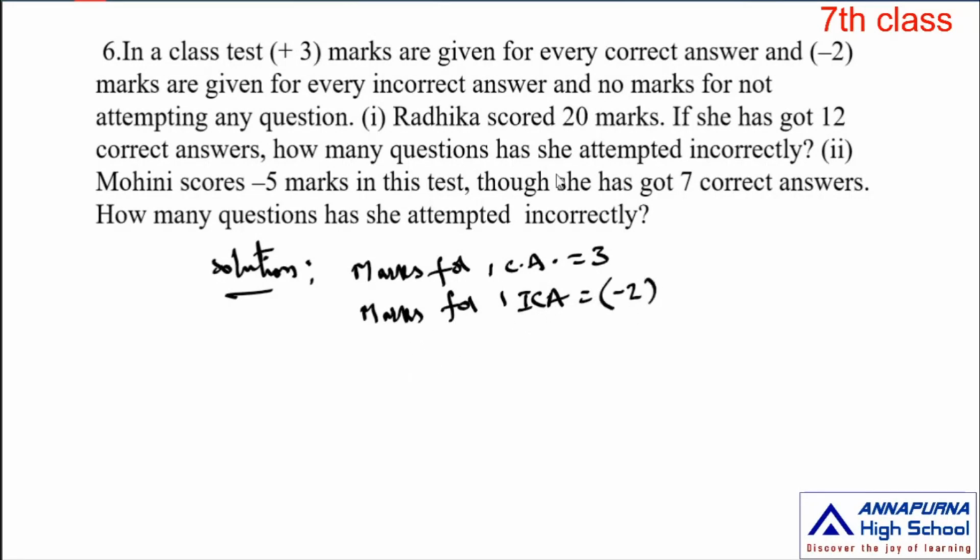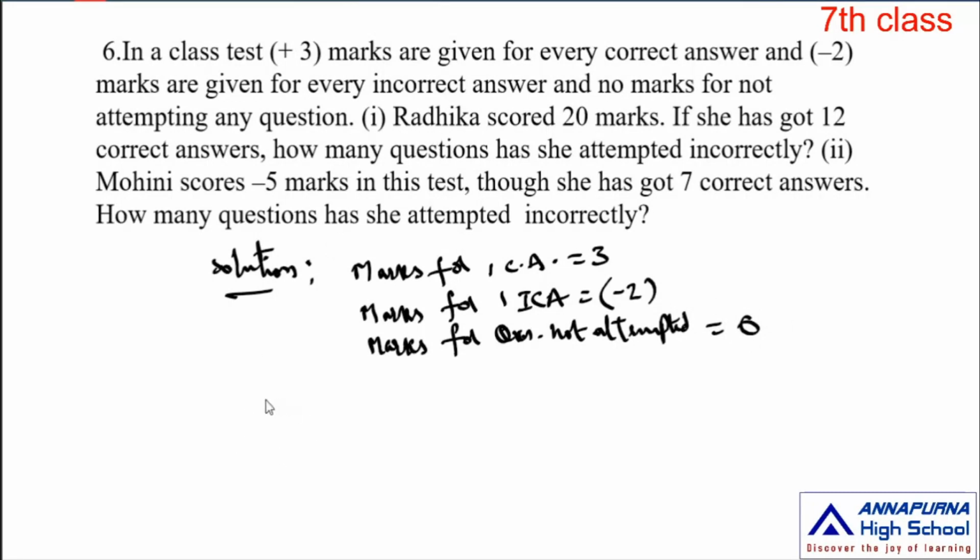So here marks for questions not attempted, that means it is equal to 0. Marks for questions not attempted is equal to 0. So let us take the first bit.